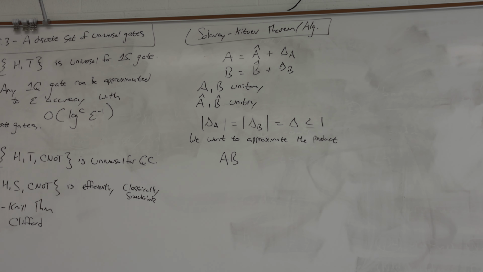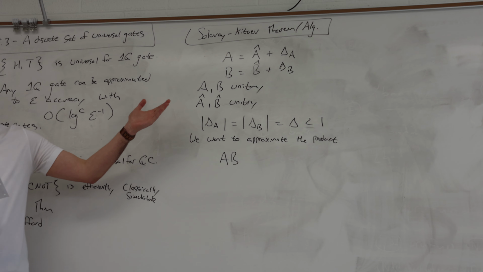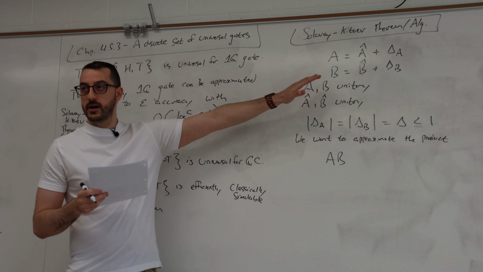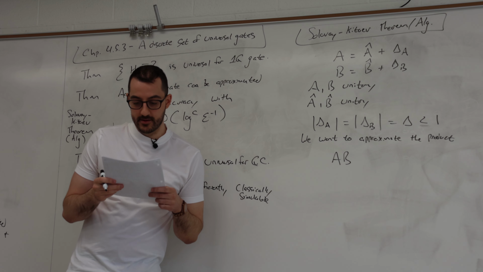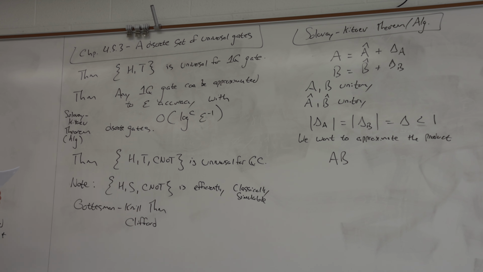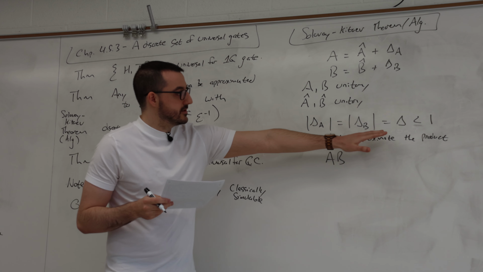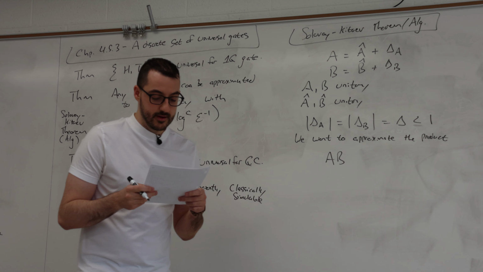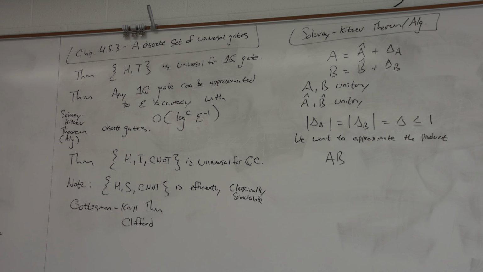Well, this is natural. A quantum circuit is a product of unitaries. Okay? So we're just boiling it down to the basic case. The simplest case is I have a product of two unitaries in a circuit. I want to see what I can do with these delta approximations, these approximations to order error delta, and see if we can do any better by combining these in some special ways.